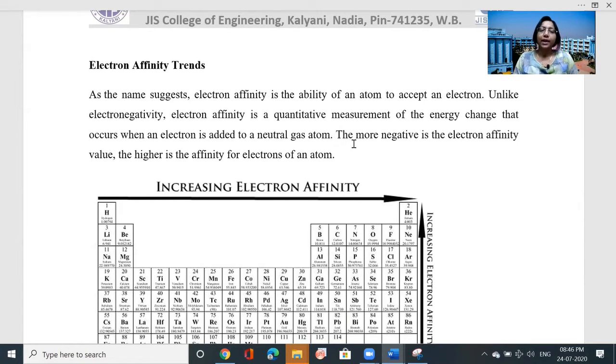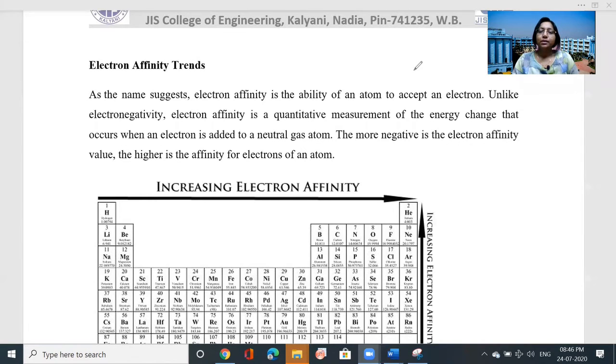Unlike electronegativity, electron affinity is a quantitative measurement of the energy change that occurs when an electron is added to a neutral gas atom. The more negative the electron affinity value, the higher the affinity for electrons of an atom.